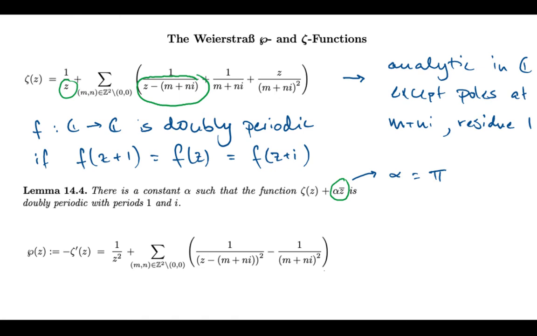At any rate, to prove lemma 14.4, you can imagine that we will write the zeta function as some sort of integral version of the p function. And then to make everything work out correctly, we have to add this term pi times z conjugate.